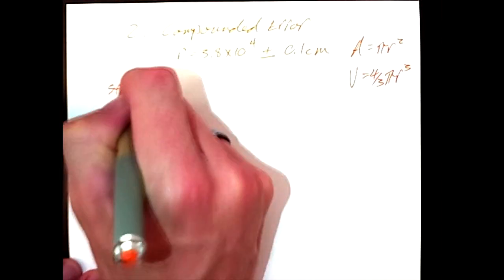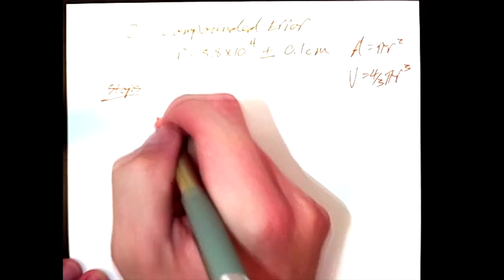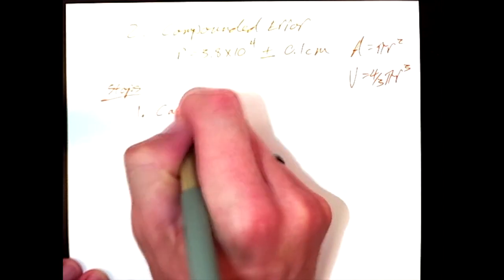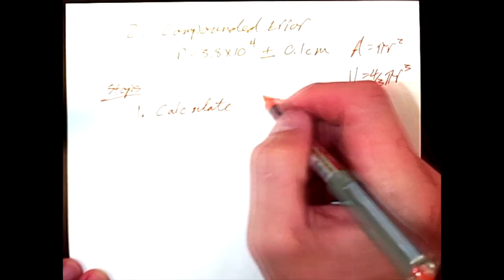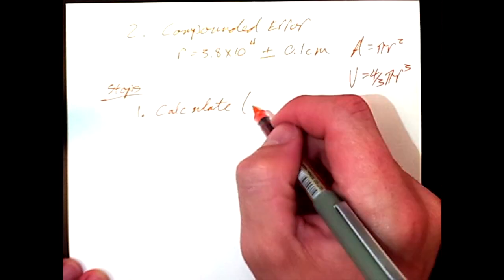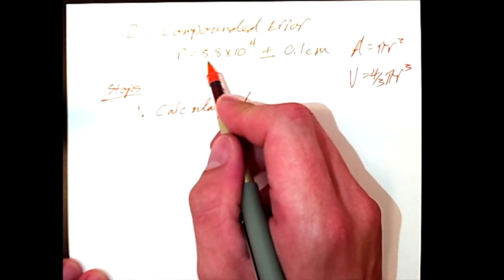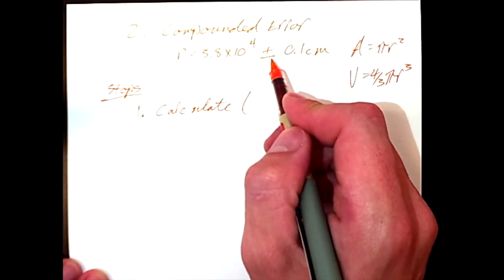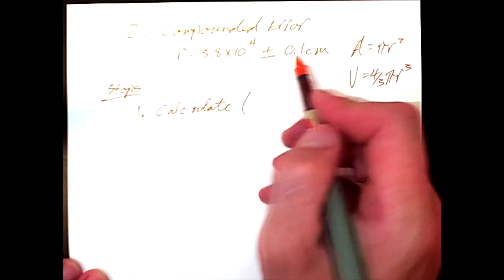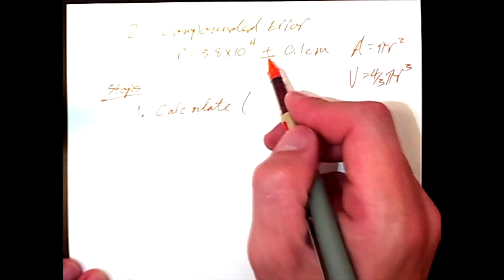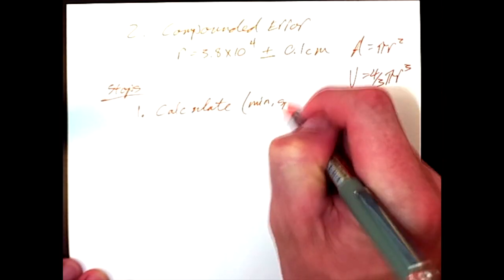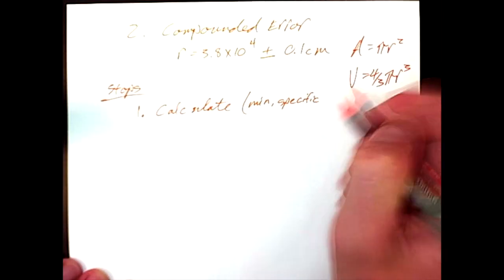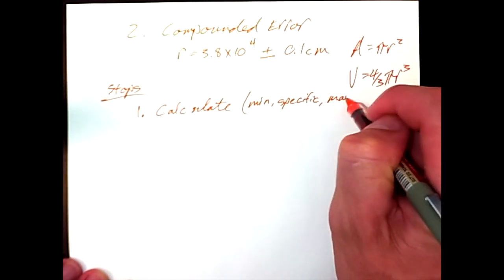The steps are pretty easy if we break it down. Step number 1 is calculate all possible range values. Those range values would be the actual measurement with no error, the minimum measurement, which would be this minus the error, and then the maximum measurement, which would be this plus the error. So you've got a min, you've got a specific measurement, which ignores the error, and then you've got a max value.